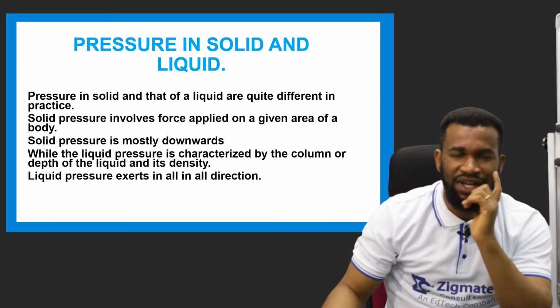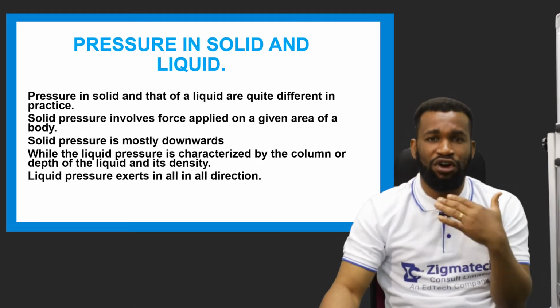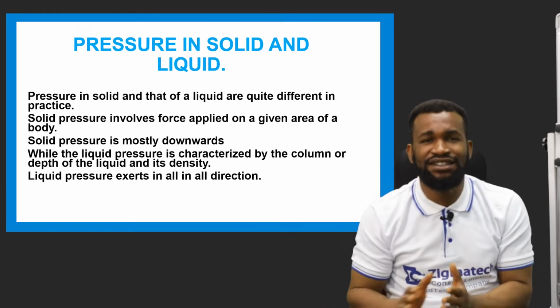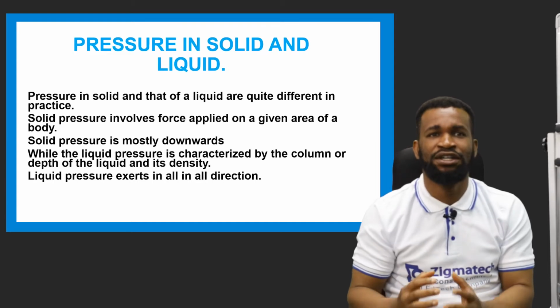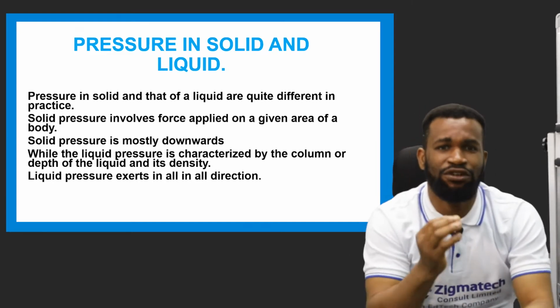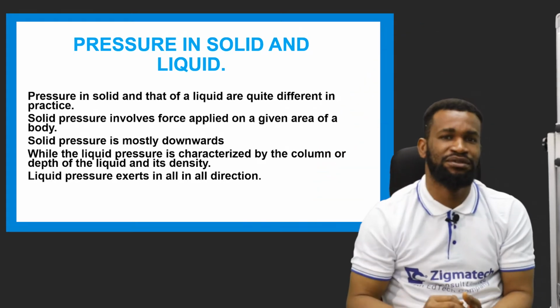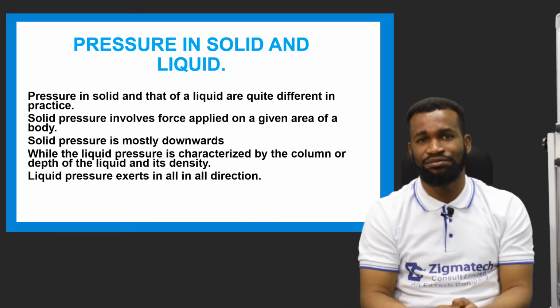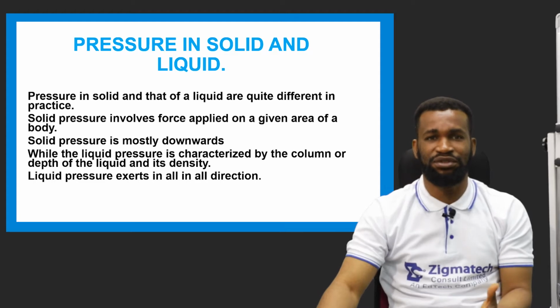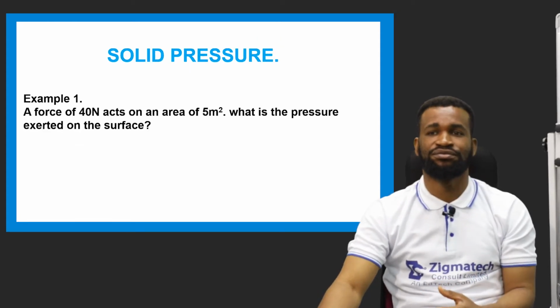However, like I said earlier, the pressure of a liquid is about the depth. That is why when you see tanks, a tank of water is always hung on top, in order to give a high depth for the pressure to gush out immediately you turn on your tap. So that is the difference between liquid pressure and solid pressure.